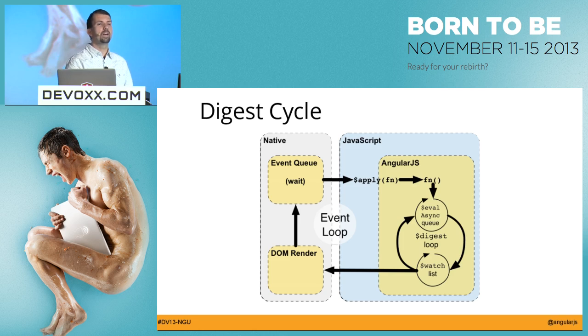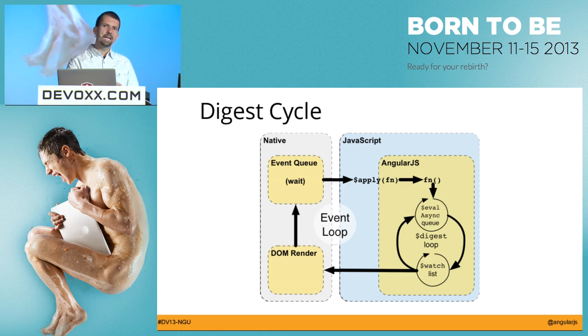Therefore, not every XHR that comes back necessarily requires you to go and do dirty checking. You also might know whether or not somebody has used ng-click or ng-mouse move. And so if nobody has used ng-mouse move or ng-click, there's really no need to listen for those click events and try to do dirty checking over there as well.